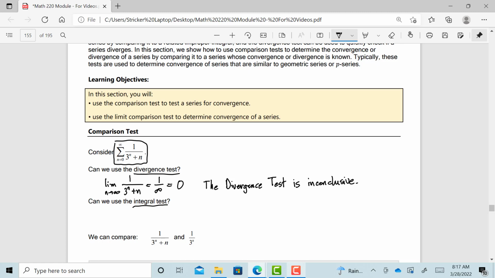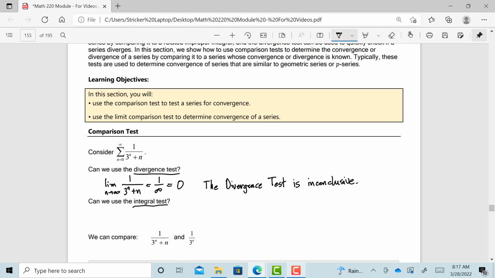So next, let's talk about the integral test. We would be integrating 1 over 3 to the n plus n. Can we integrate that? Can we integrate this part right here? And hopefully you agree that the answer is no. That's not something we know how to integrate.